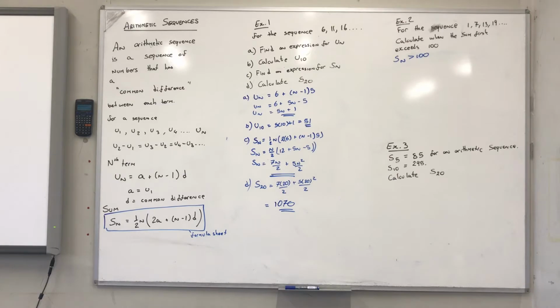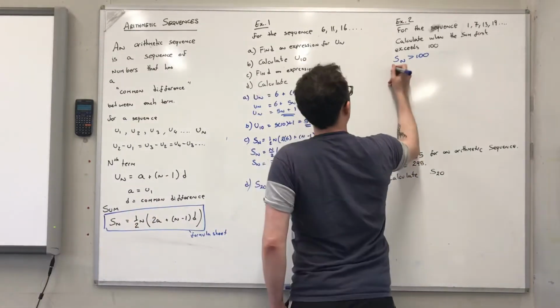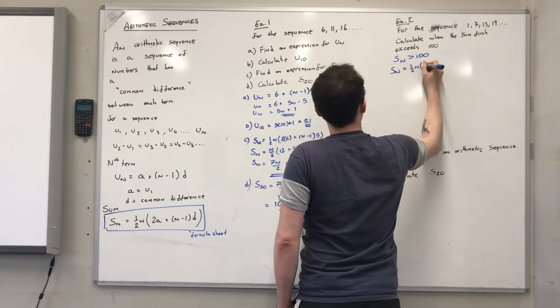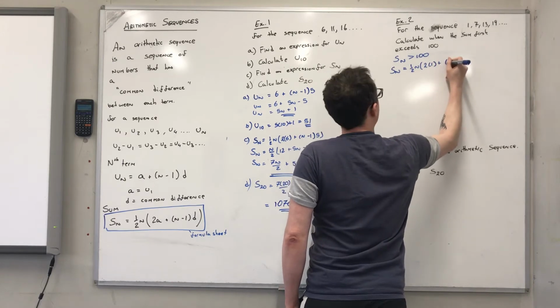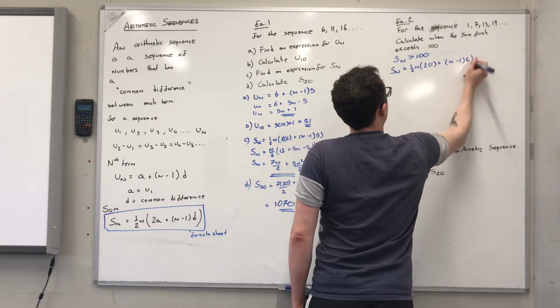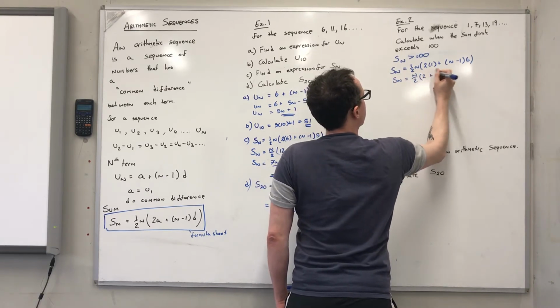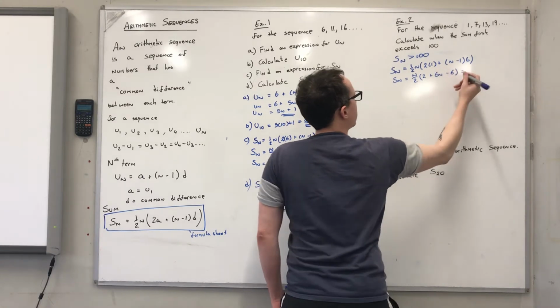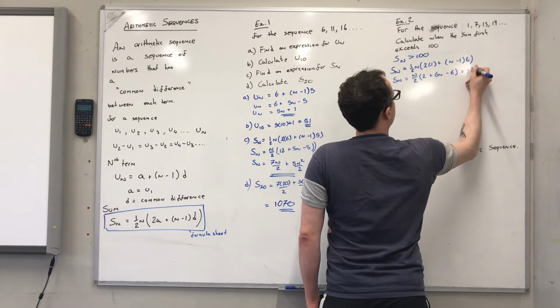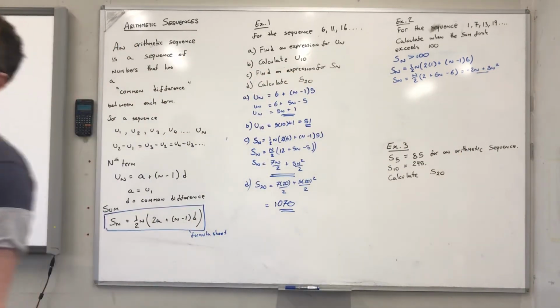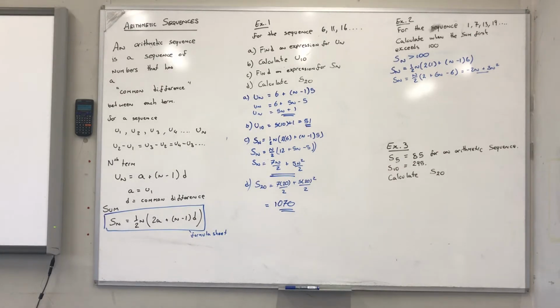So let's firstly get an expression for the formula. So I've managed to get a formula that is negative 2n plus 3n squared, but I need to find out the value for n for which S of n first exceeds 100.